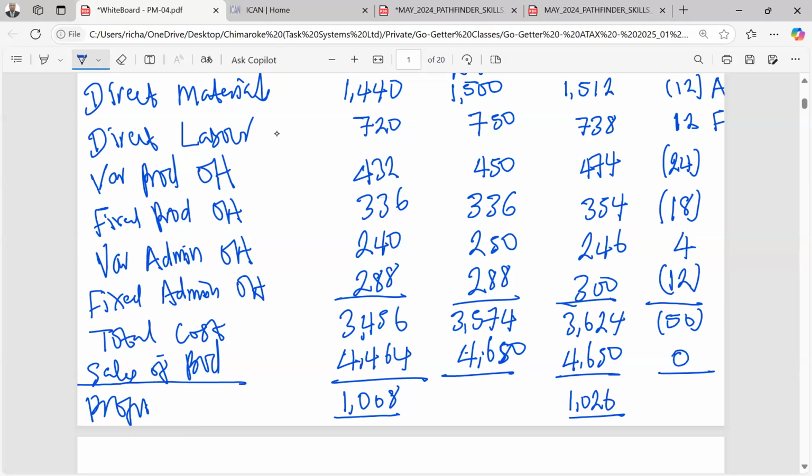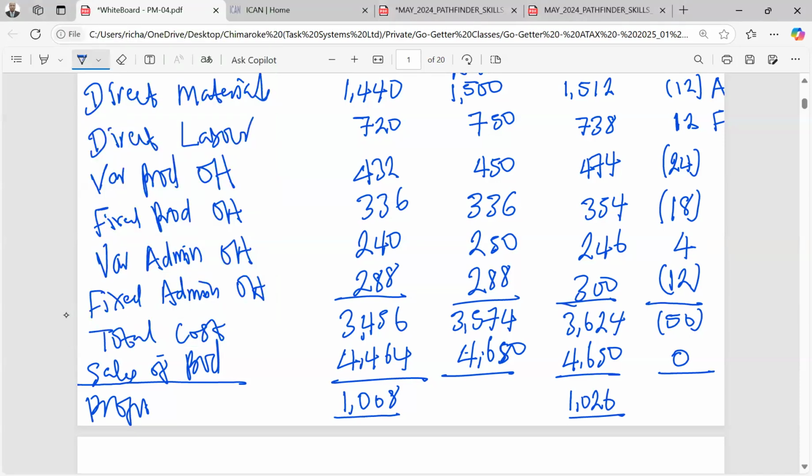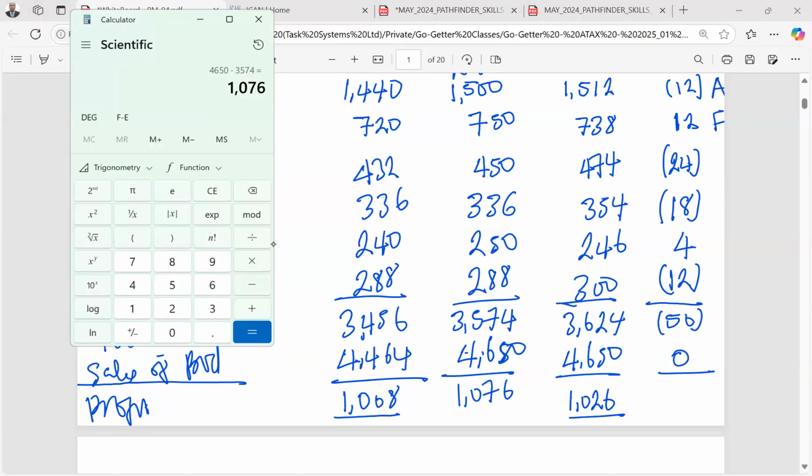And so what is it going to be? 4650 minus 3574. That will give you 1076. So if you were to find out 1076 minus 1026, you have 50.